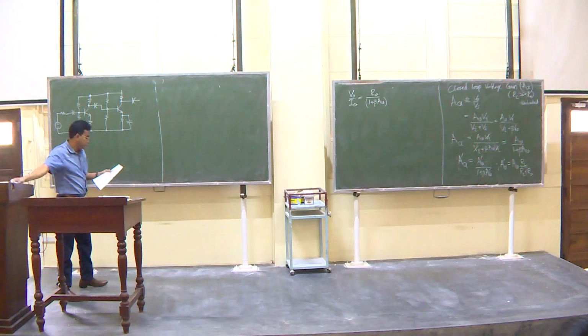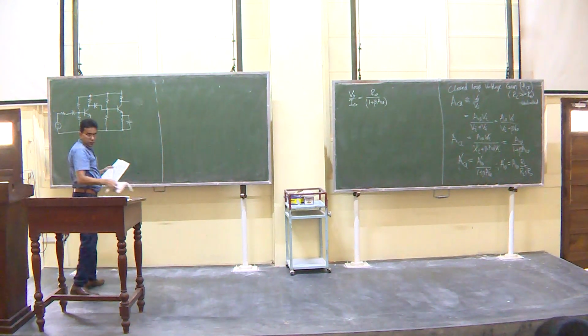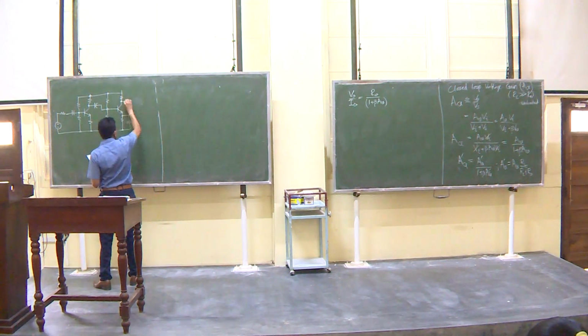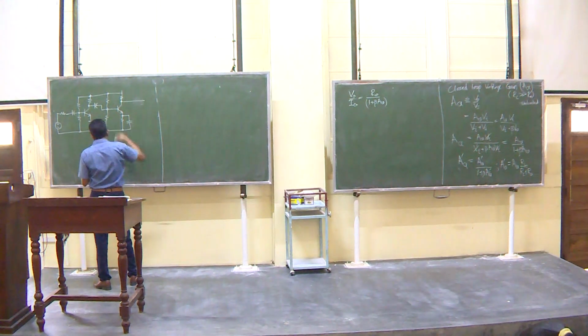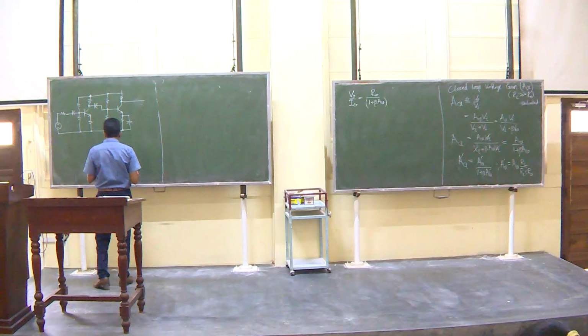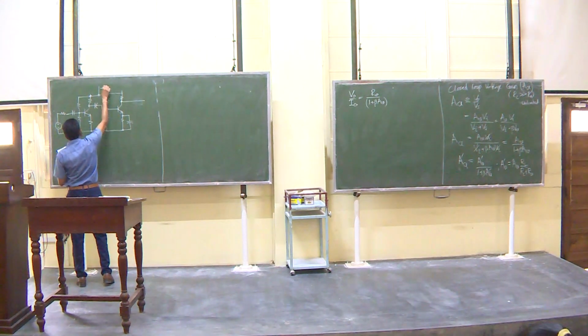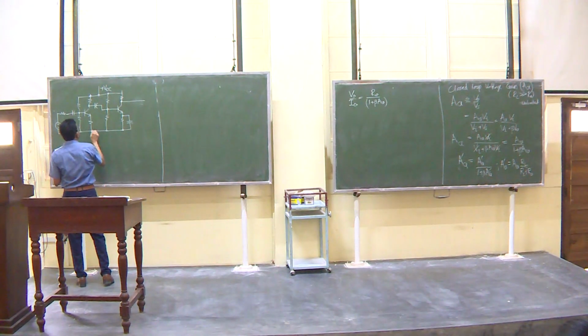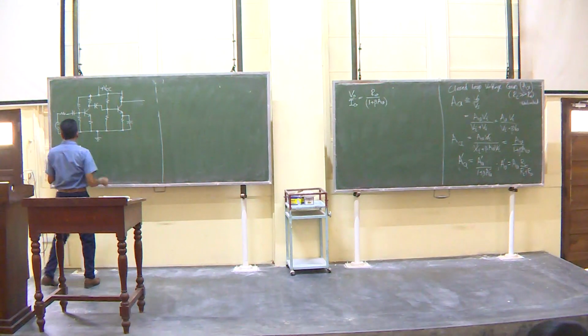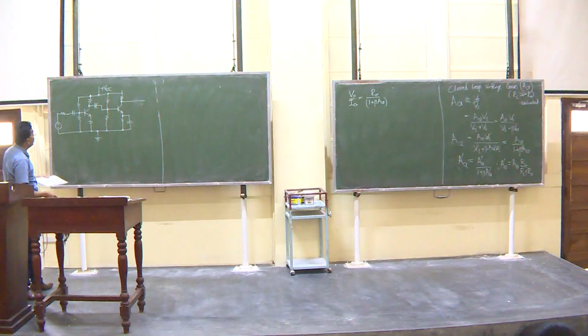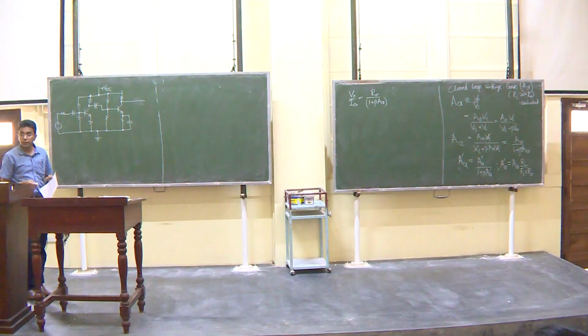So this is the output. You may have a capacitor at the output, that's okay. But now this is powered by plus VCC and grounded here. This is a circuit without feedback.